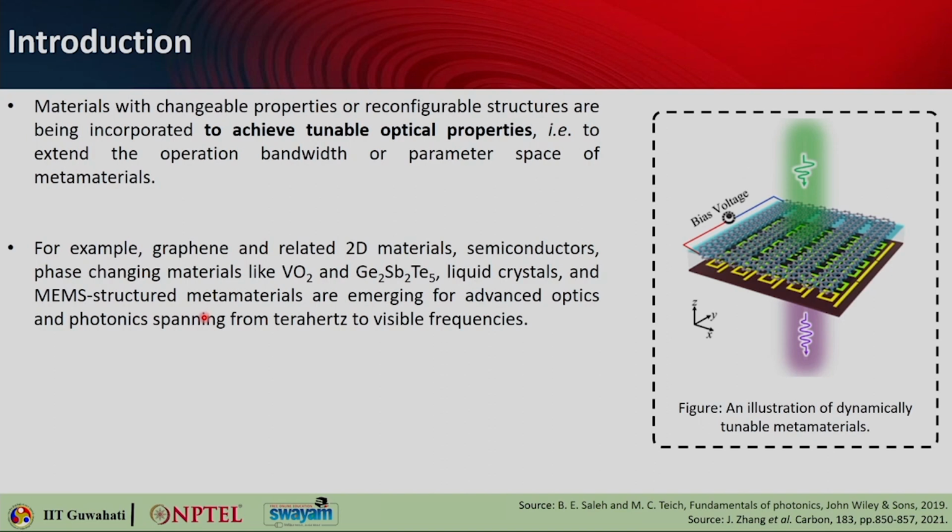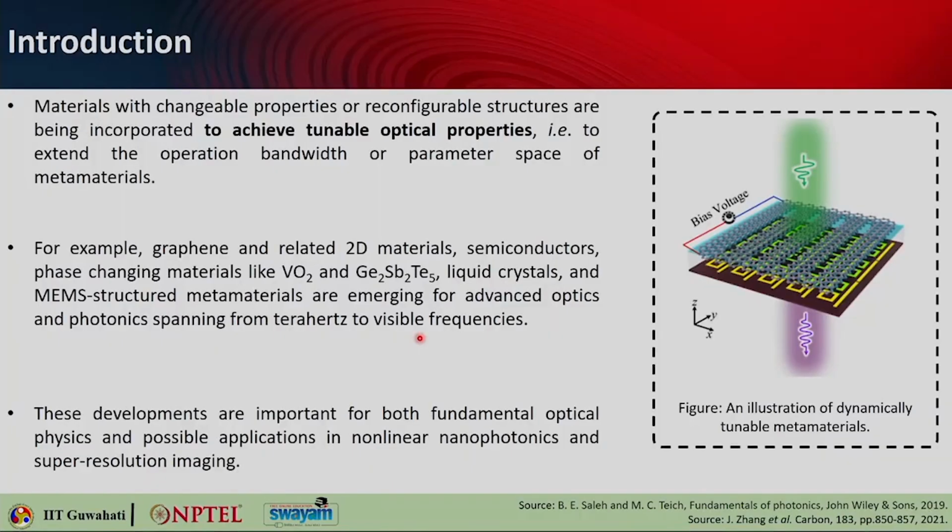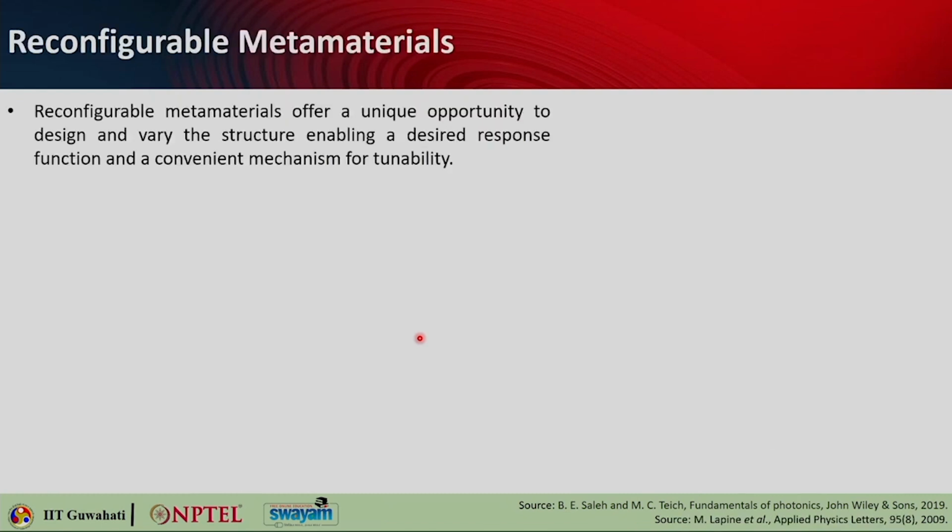These are all used for emerging applications in advanced optics and photonics, and the operating frequencies can be tuned between terahertz and visible. These developments are important both for fundamental optical physics and their applications in nonlinear nanophotonics, super resolution imaging and so on. We will take an example of a reconfigurable metamaterial and discuss it in more detail.